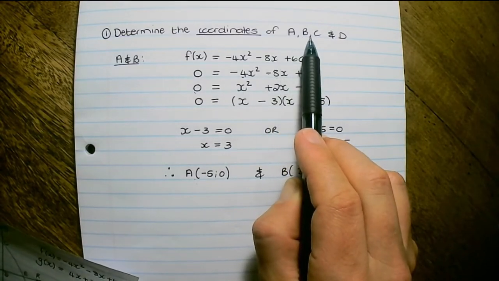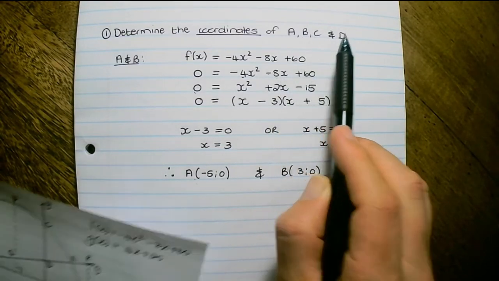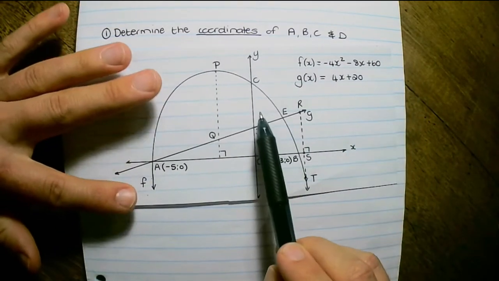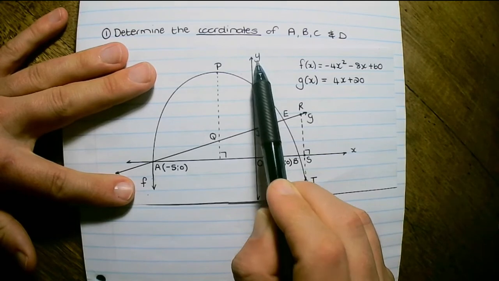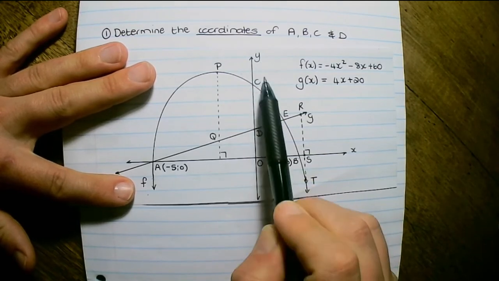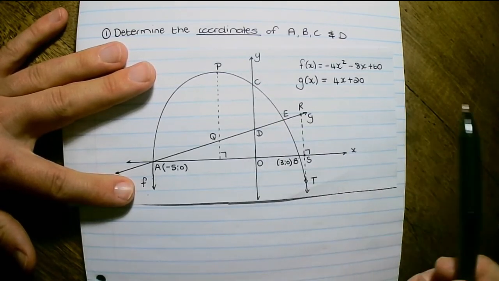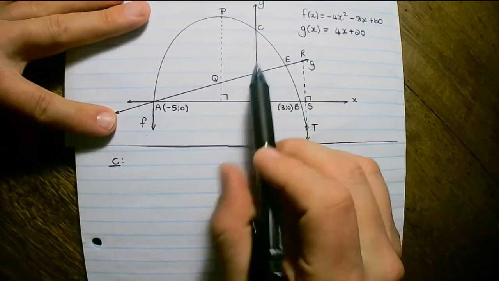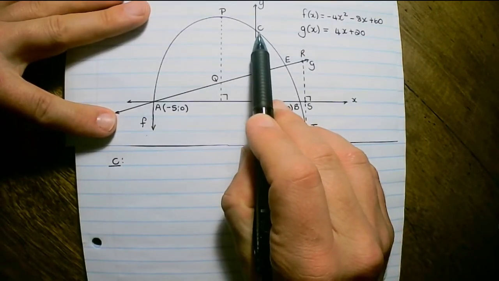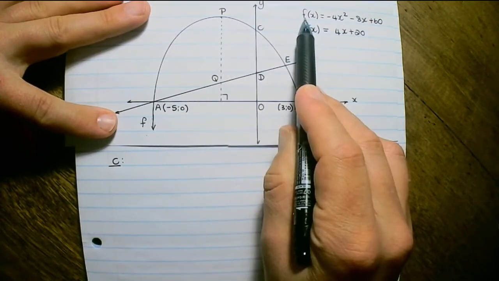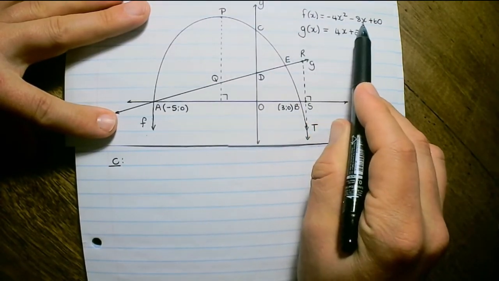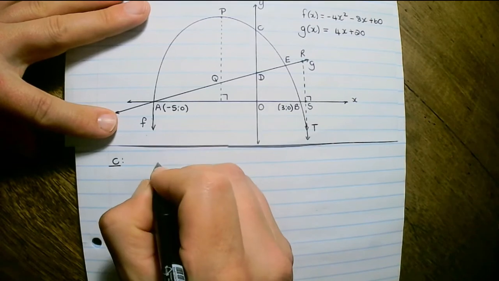Let's move on to the coordinates of C and D. So C and D are both on the y-axis, and on the y-axis the x values are equal to 0. So to find the coordinates of C, you can see it's on the function of f. So I'll replace all of the x values with 0.